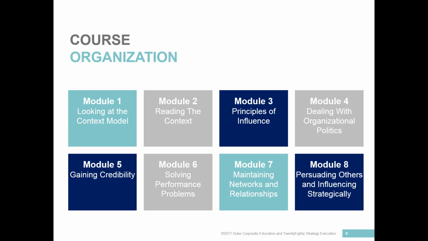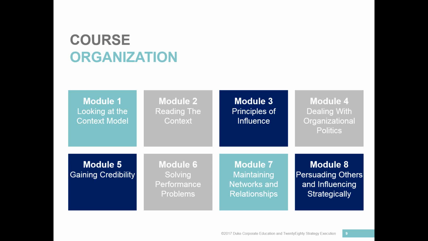The course organization for Influencing Without Authority is essentially a three-part discussion about influencing without authority. Students will first learn how to read the context in which they are attempting to influence without authority. Then they will learn about being influential, and then they will finally learn how to influence in action.